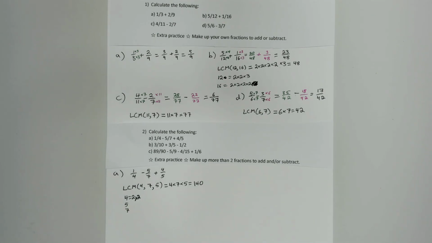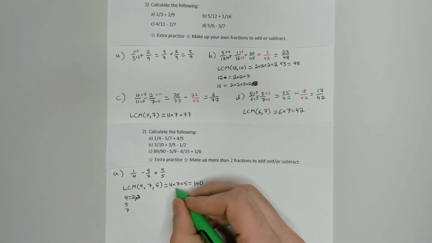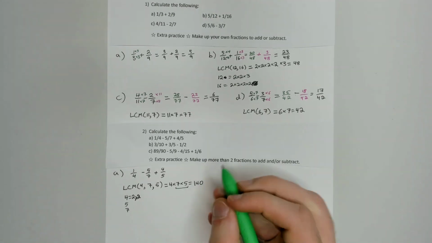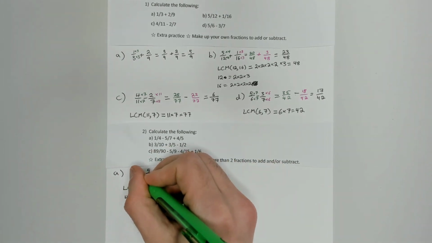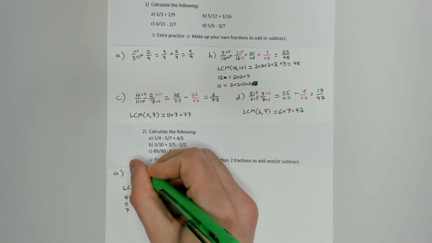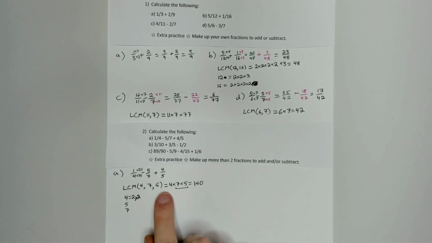So to get 4 to 140, well, notice we had 4 times 7 times 5 gives us 140. 7 times 5 is 35, so that means we need to multiply the first fraction's numerator and denominator by 35. 4 times 35 will be 140.